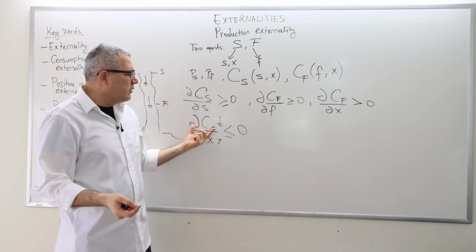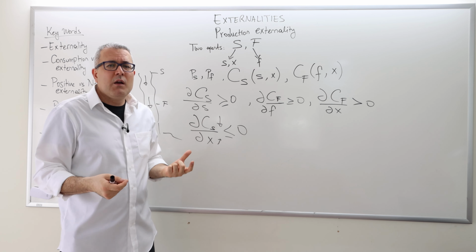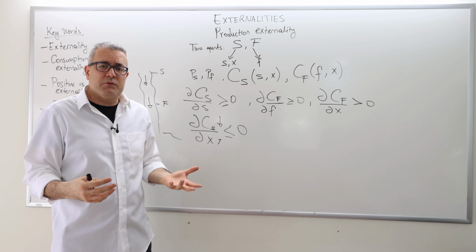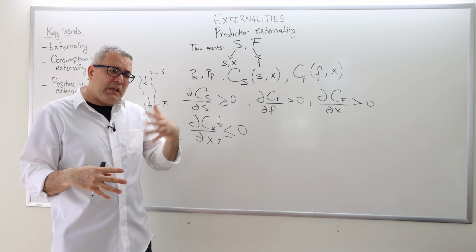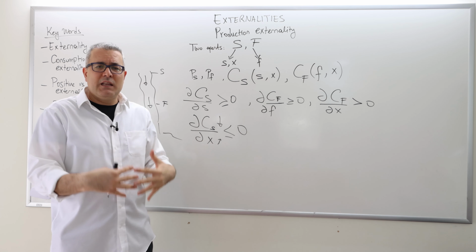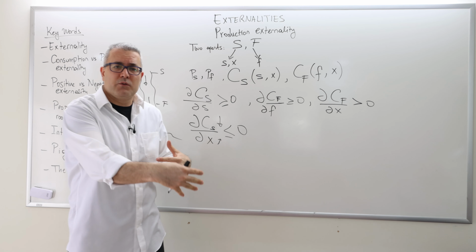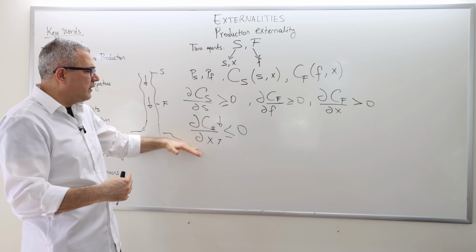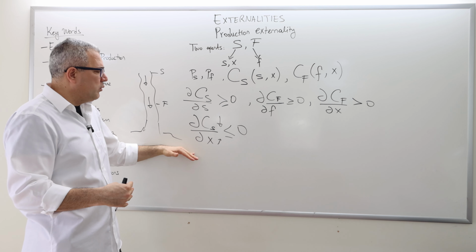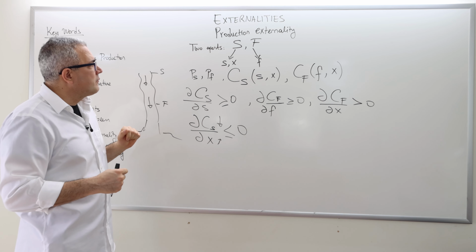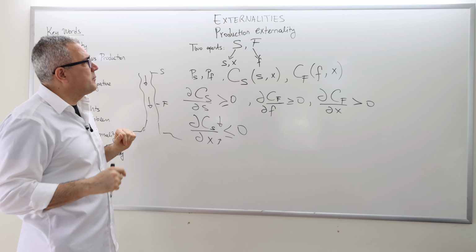So your cost is minimum when you can dump all the pollution you produce. Your cost increases as you try to dump less and less pollution, because you have to go through cleaning and everything, and cleaning is costly. Therefore there's a negative relationship between pollution and the cost. So that's it. These are the model-specific assumptions.